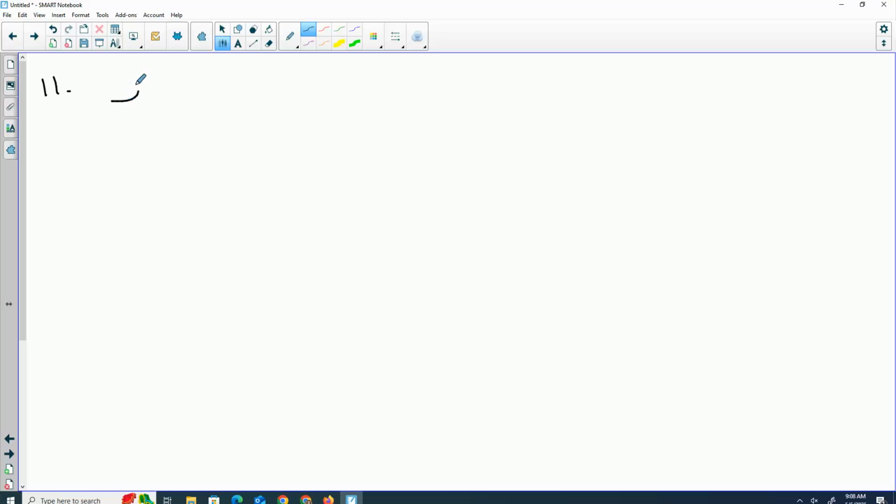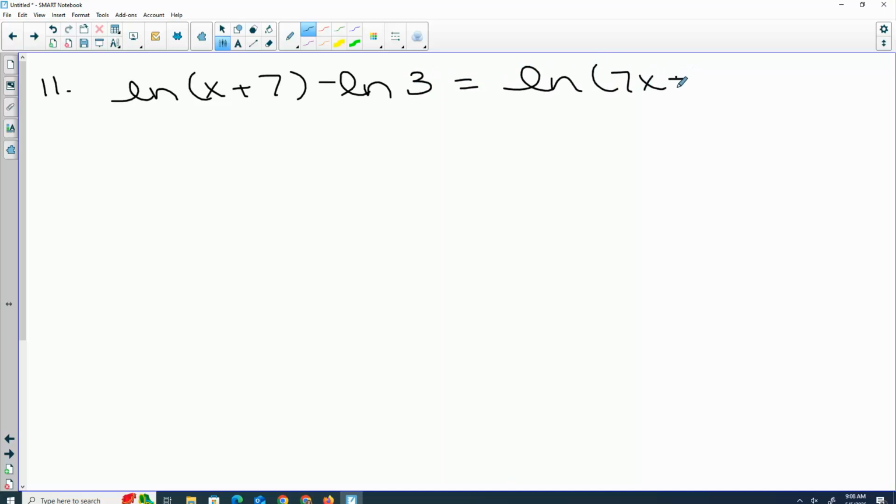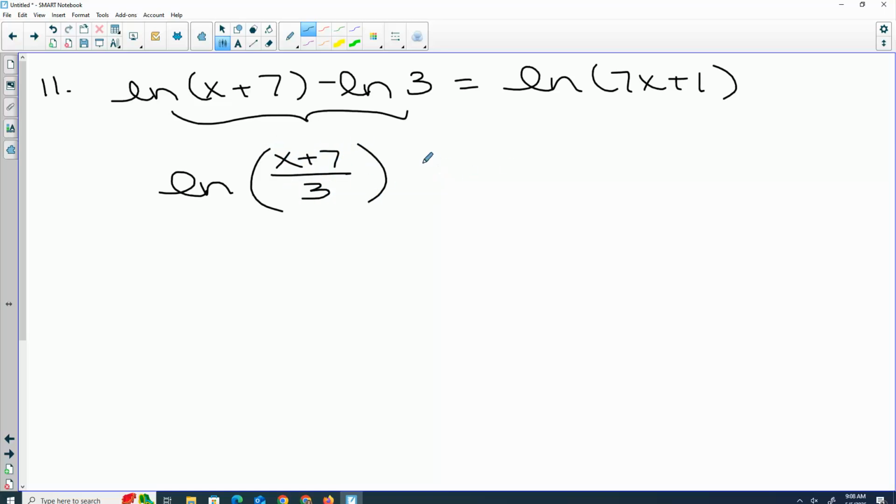Problem 11. When we had these log problems, we started out using the properties of logs to condense as much as possible. If you have two logs being subtracted, how do you put those together? Division. So that's the natural log of x plus 7 divided by 3. You write the log once in front, you divide those arguments.